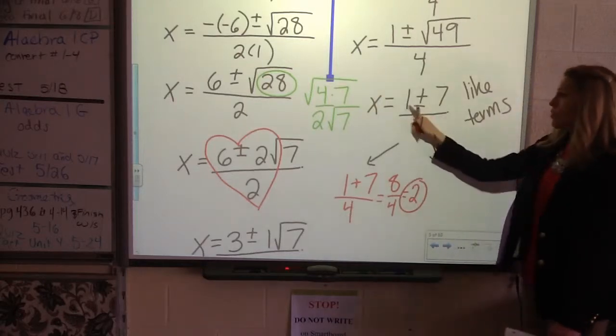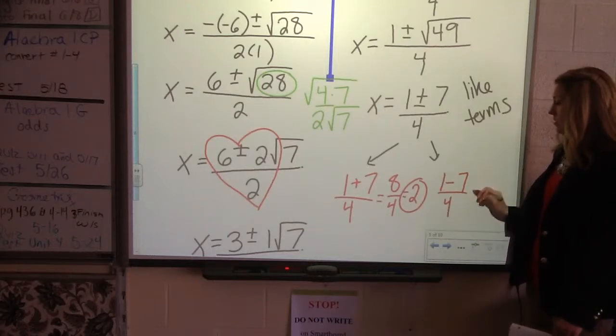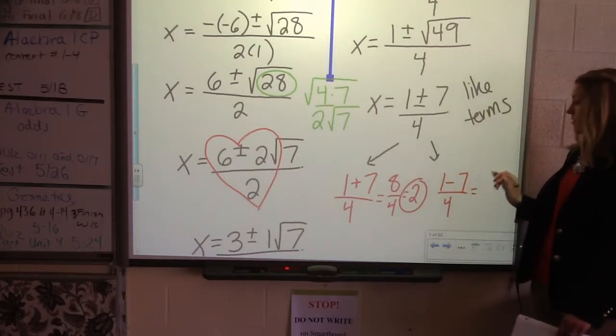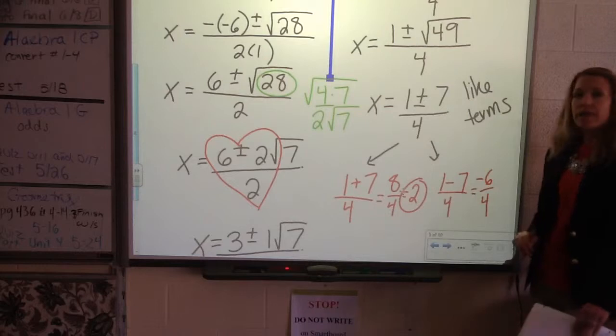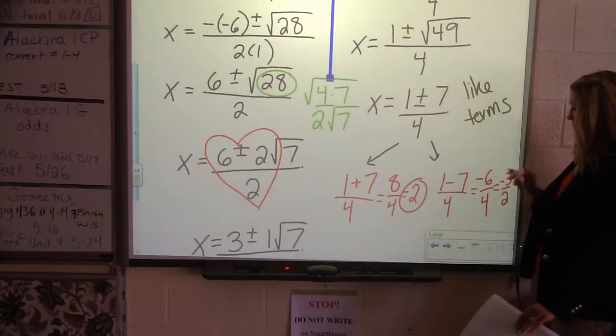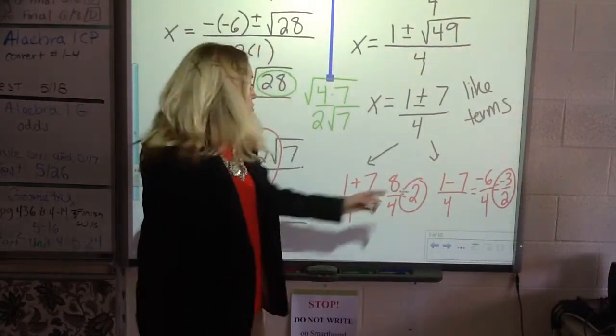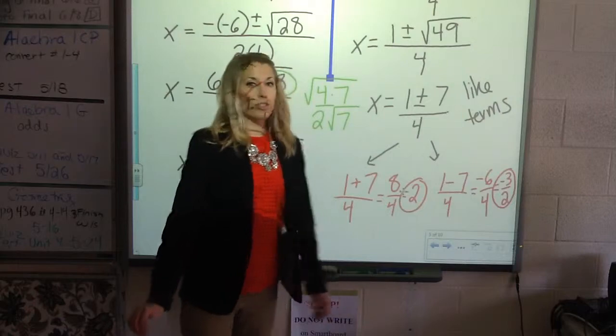The next thing I'm going to do the minus. 1 minus 7 divided by 4. Well, 1 minus 7 is -6 divided by 4, and that doesn't divide, but I can simplify that. So this problem has 2 answers, 2 and -3 over 2.